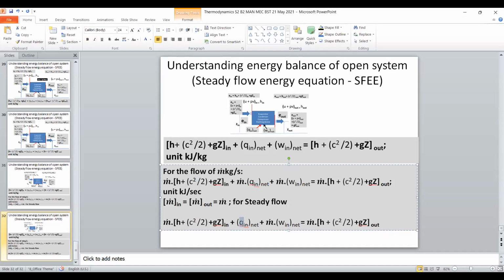So we use big Q. Total work interaction. And here m dot times the specific values. Out also specific values times m dot. The system interaction here, you can have big Q and big W.